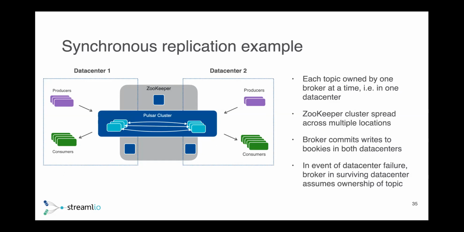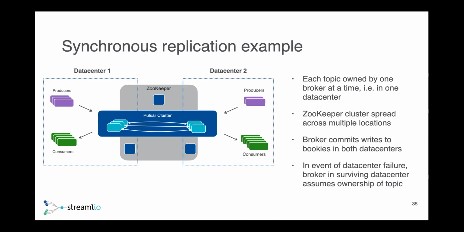In this particular case, you implement what's known as a stretched Pulsar cluster using a single ZooKeeper instance, and you also use what's called the broker awareness concept, letting them know that you have to get an acknowledgement from a broker in data center 2. When you do the three-way commit that we talked about earlier, you ensure that one of those bookies is in data center 2.